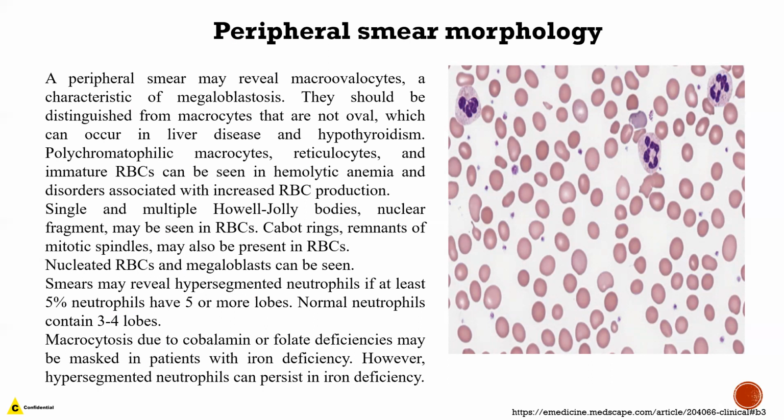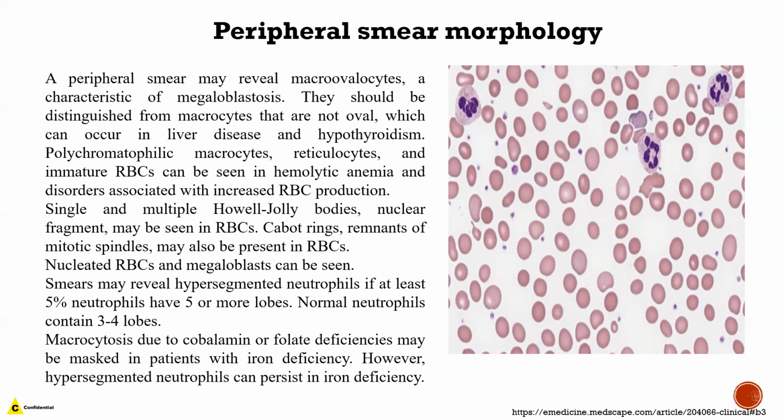Single and multiple Howell-Jolly bodies, which are nuclear fragments, may be seen in red blood cells. Cabot rings, a remnant of mitotic spindles, may also be present in red blood cells. Nucleated red blood cells and megaloblasts can be seen.